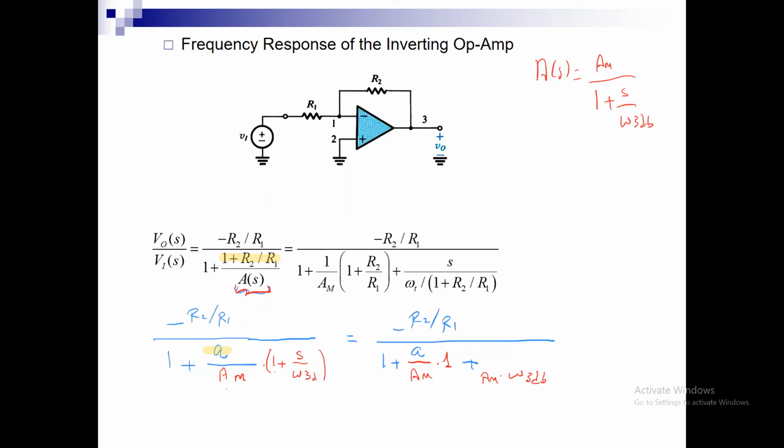This is S over, and this is still divided by A. That's just math.